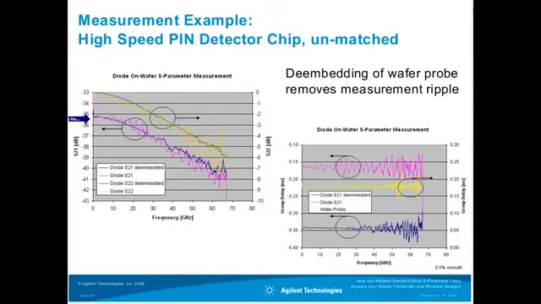You will see, for instance, here the pink one is the pure diode measurement, and here is the measurement exposed through the wafer probe, and the difference is basically the delay of the probe itself.